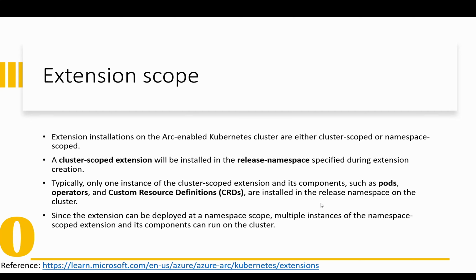But if you install an extension namespace-based, then you would have pods for each namespace. It is somewhat resource consuming. I would not recommend it unless there is really a reason to install the extension for a specific namespace.